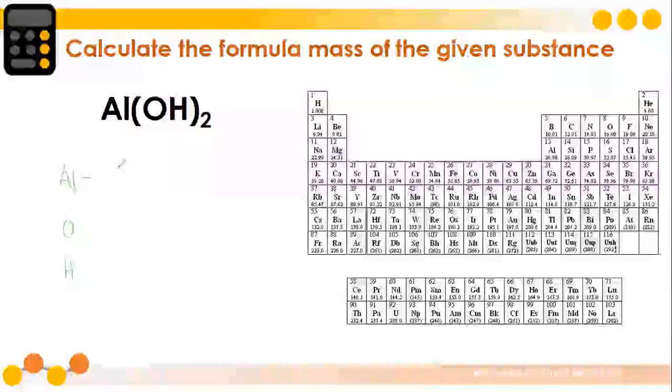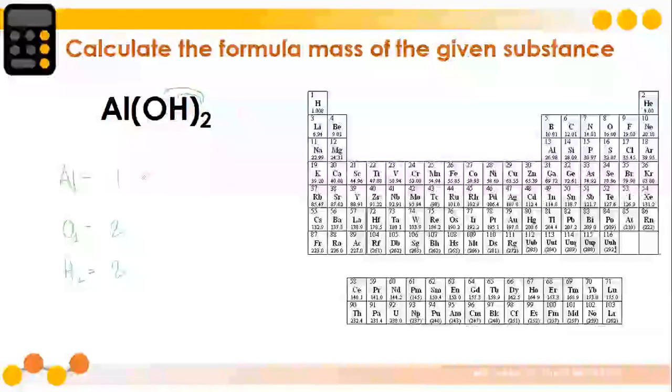For aluminum, we only have one. For oxygen, there's a subscript outside the parentheses, so you need to distribute it. So we have here 2 oxygen, and then we also have 2 hydrogen.